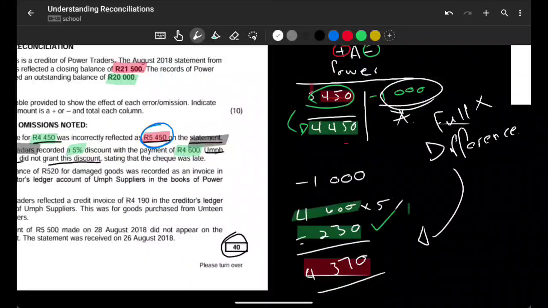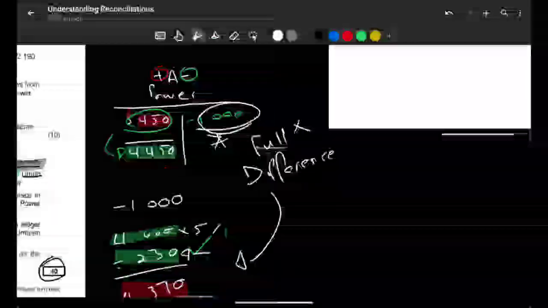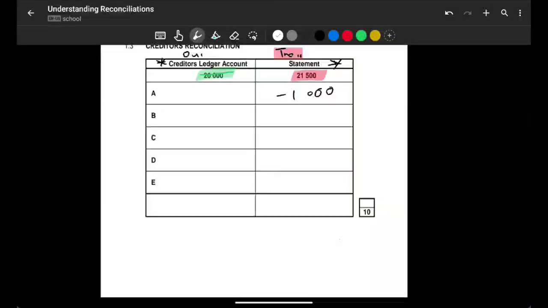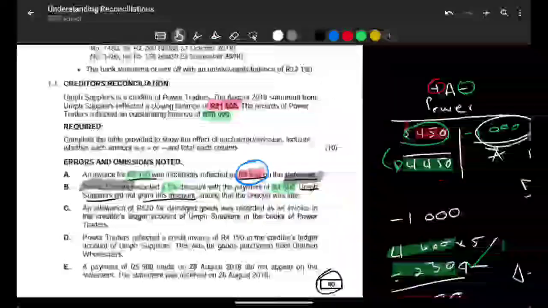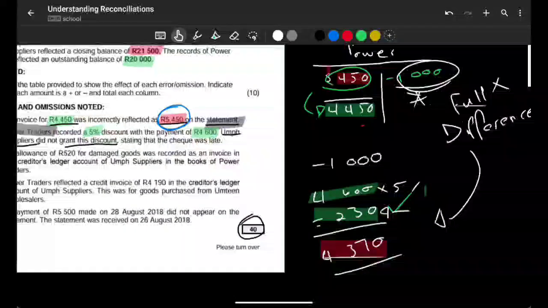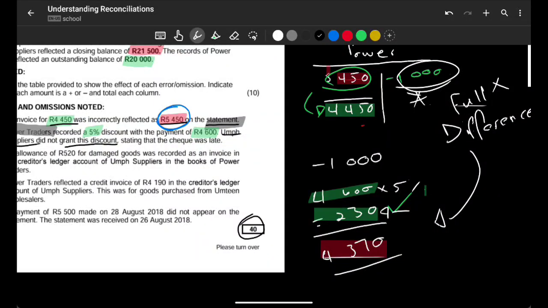Same thing here. We are adjusting only on the difference, not the full amount. Remember that. So same thing here. Are we minusing or are we adding it? Remember, it's in our books because we highlighted it in the black. Power Traders, it's in our books, and then we had paid 4,370, this amount here, right?